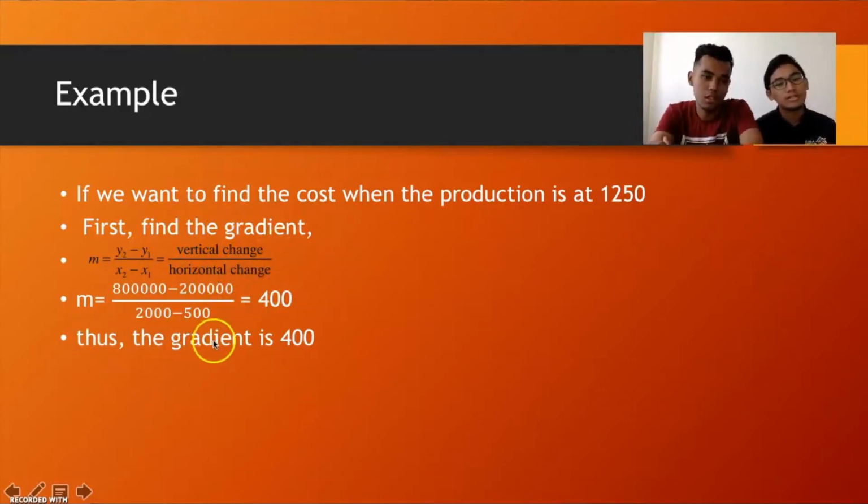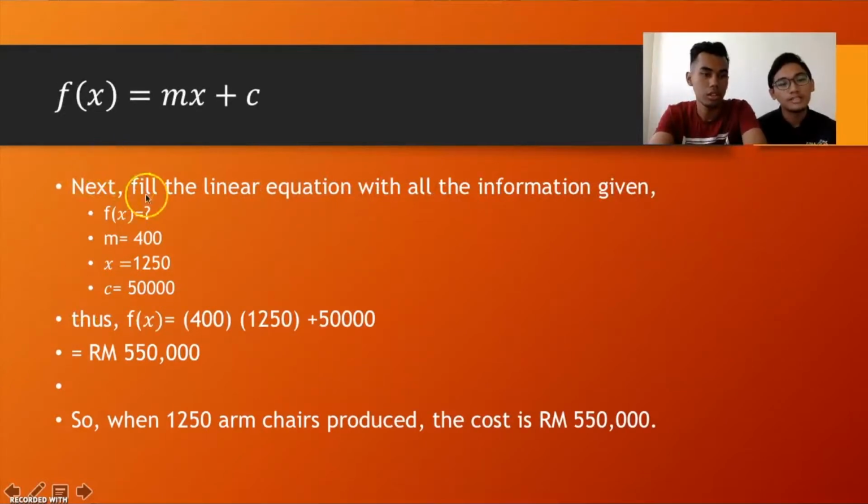So thus the gradient is 400. So the gradient is representing the cost for one armchair. Next, we extract the information from the graph.